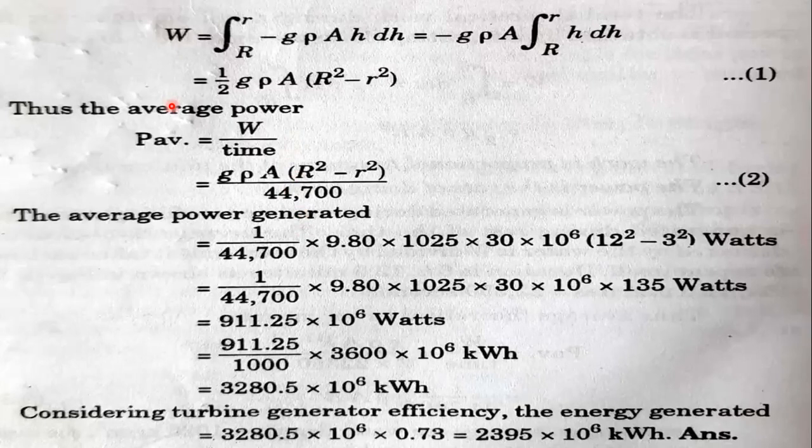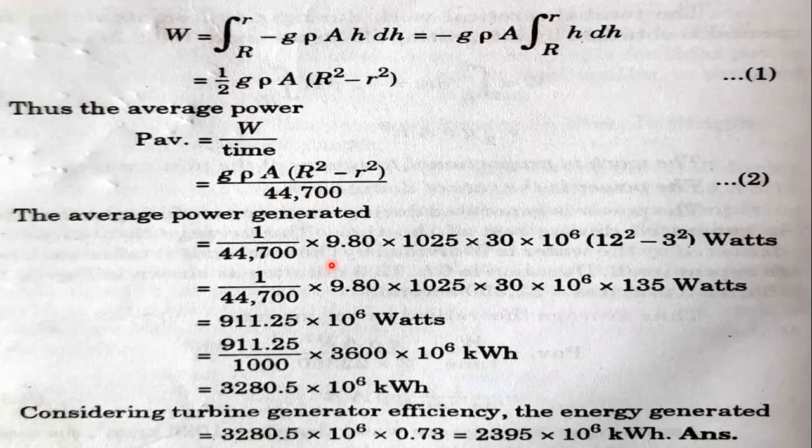If you convert that, 6 hours 12.5 minutes, we will get 22,350 seconds. That 22,350 seconds is multiplied by 2 here, since the 1 by 2 in the work done comes into the denominator. So 2 into 22,350 becomes 44,700. This is the P average.